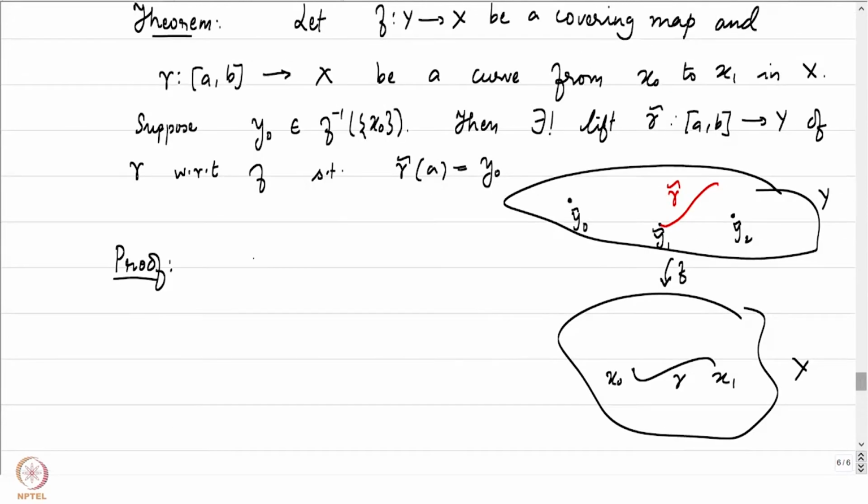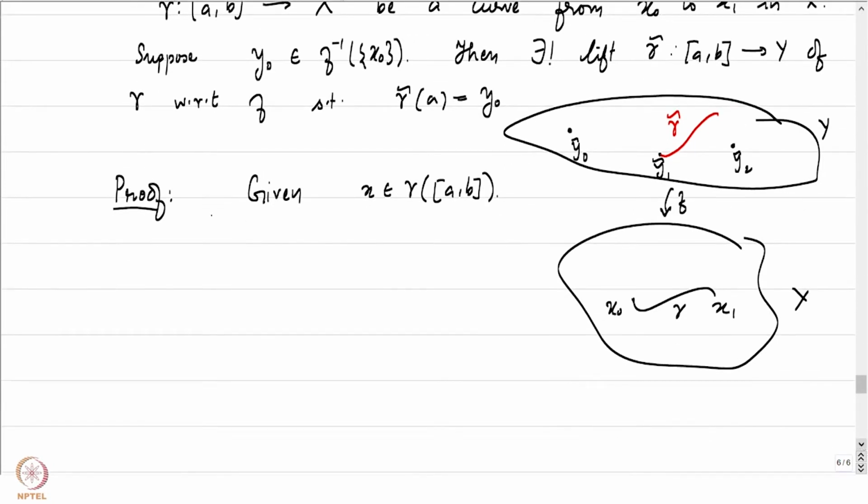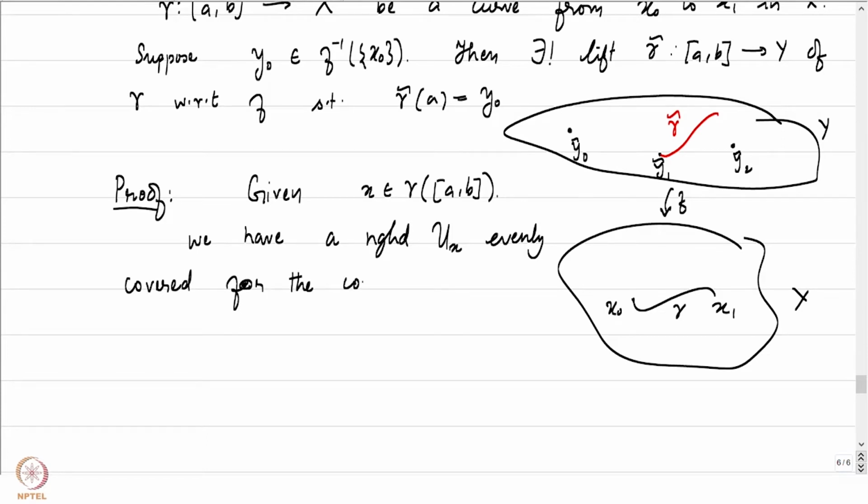So notice that given a point x on gamma of [a,b], so if you take some point x in the image of the curve, we have an evenly covered neighborhood U_x for the covering map f.